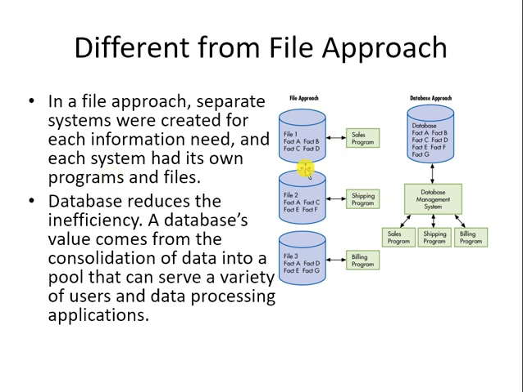This is a file approach, but it's not a database. A database reduces the inefficiency. Okay? A database's value comes from the consolidation of data into a pool that can serve a variety of users and data processing applications. That's why it's called efficiently and centrally coordinated.